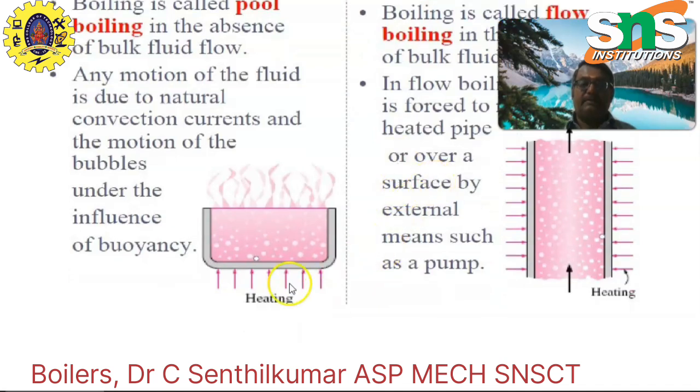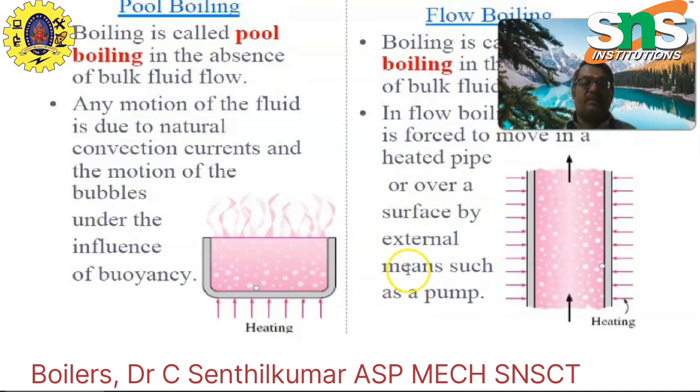The diagram explains heating for both cases. In this pool boiling case, we can see the water is heated in a pan. Bubbles are formed at the bottom because of transfer of heat from metal to fluid by convection, and they travel upward because of buoyancy.